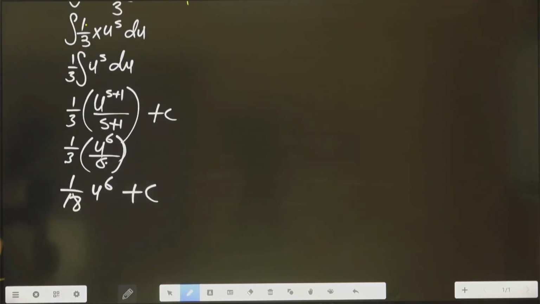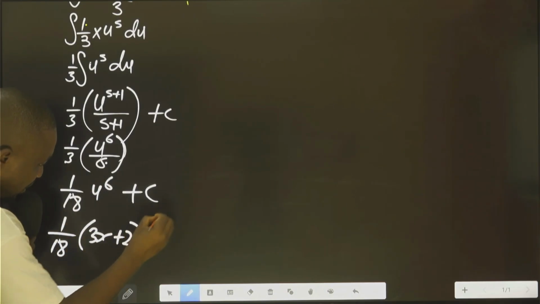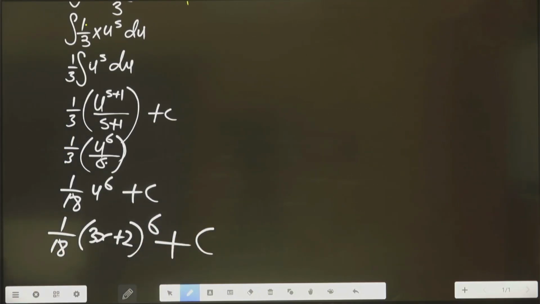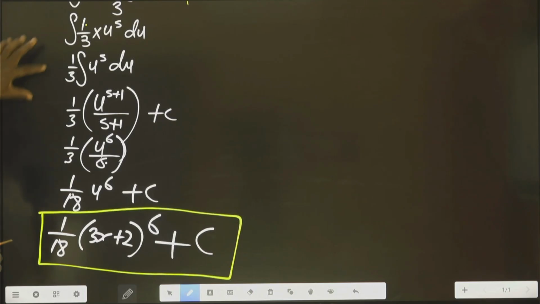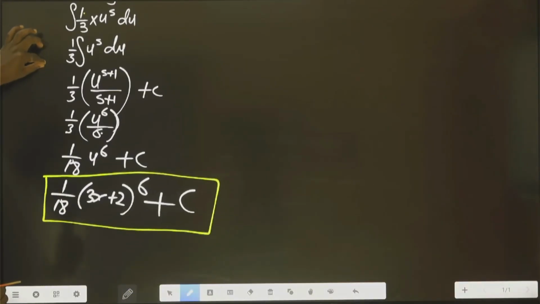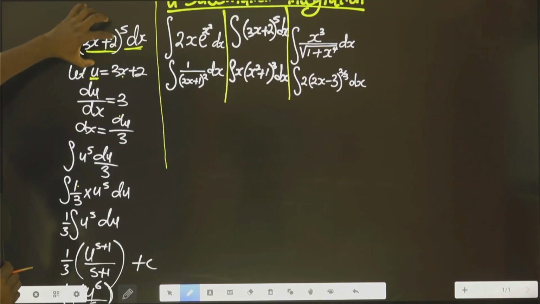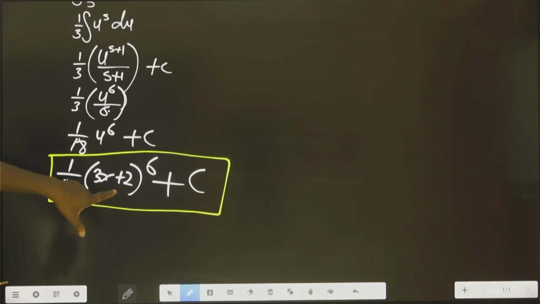We simply replace u by 3x + 2, so we have (3x + 2)^6 over 18 plus c. So this is the integration of this, just manipulating it from the unknown world to the known world of having just a single value like this. After integrating, we substitute.